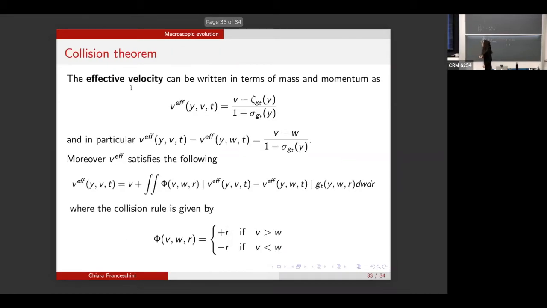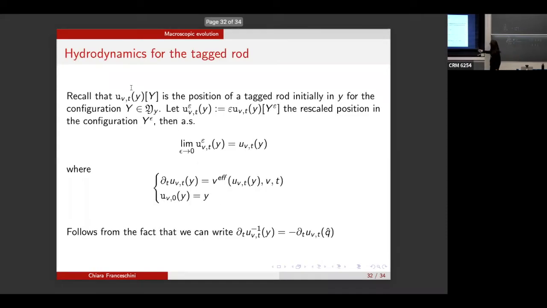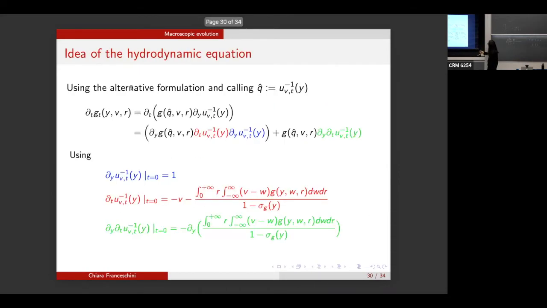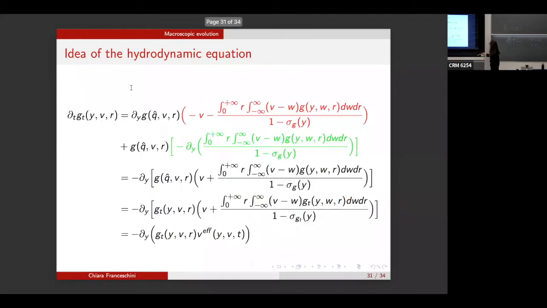Okay, and then this effective velocity, using the fact that you can write it in terms of the mass and momentum of the GT, you can write it in this way. If you remember the psi and the sigma here, this is sigma, which is 1 minus the denominator, and this is psi. The red one is minus the effective velocity. So you have here 1 minus sigma, and above you can write 1 minus psi.